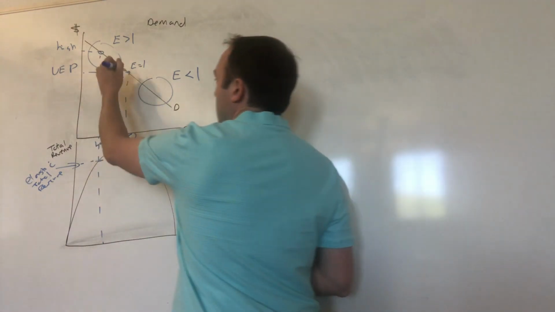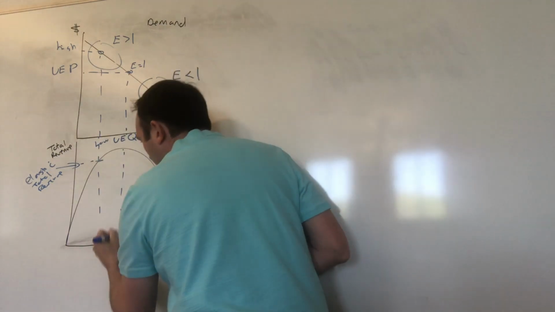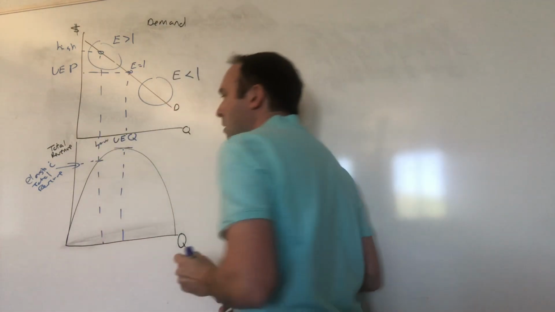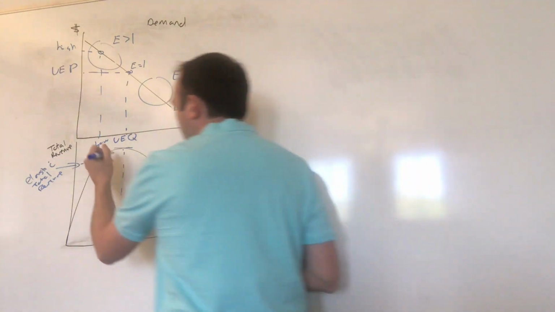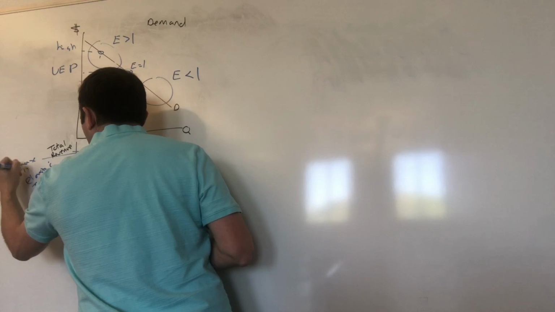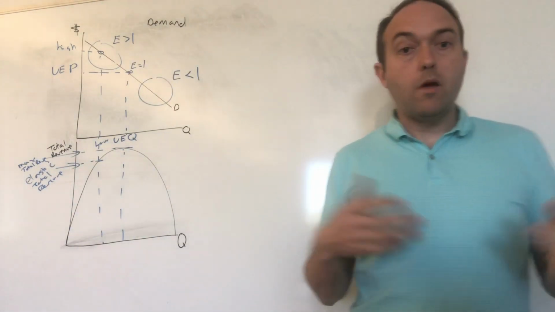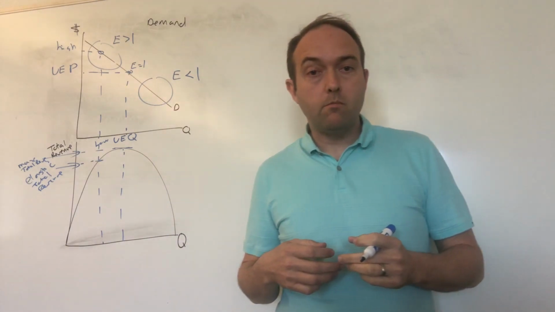If you found that unit elastic price and the corresponding unit elastic quantity, that would give you maximum possible total revenue. And that would be the most desirable outcome for the firm.